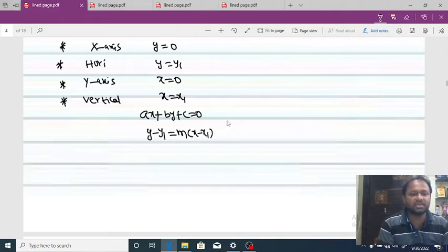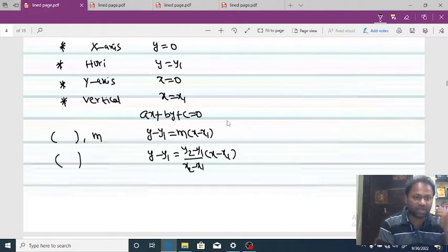This is the equation of the straight line whenever one point as well as slope is given. Next, y minus y1 is equal to (y2 minus y1) divided by (x2 minus x1) into (x minus x1). This is whenever 2 points are given.